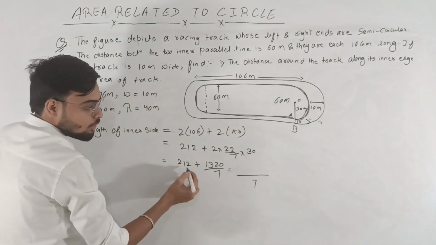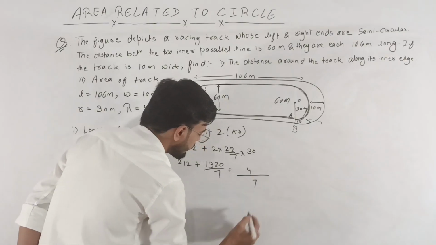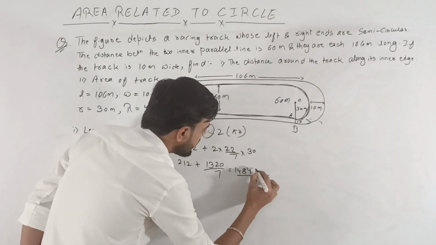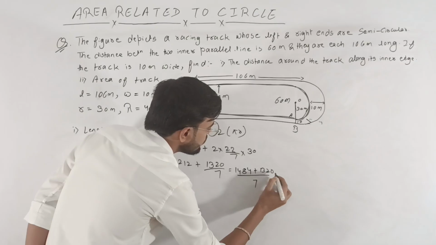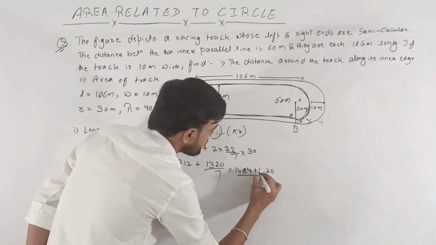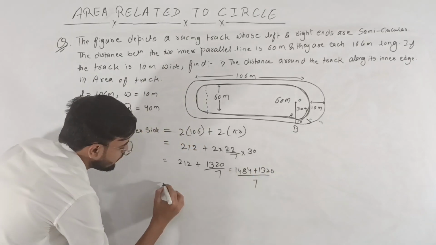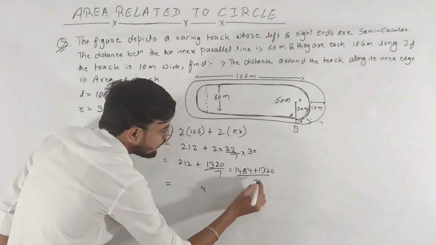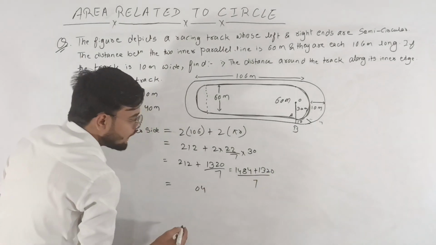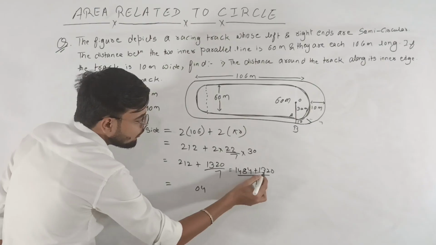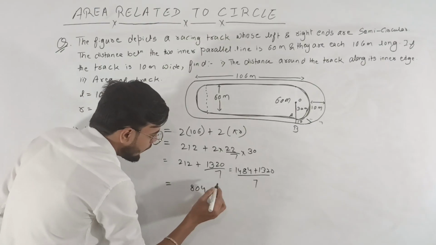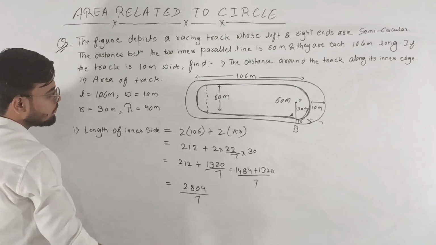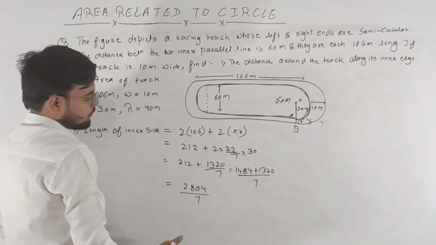Now 7 into 212 is 1484, plus 1320. Now add this. So 4 plus 0 is 4, 8 plus 2 is 10, and 4 plus 3 is 7 plus 1 is 8, so 2804 upon 7. This is the length from the inner side.